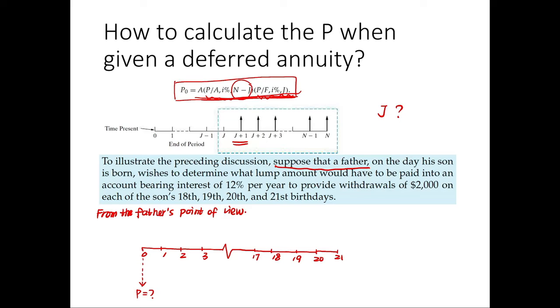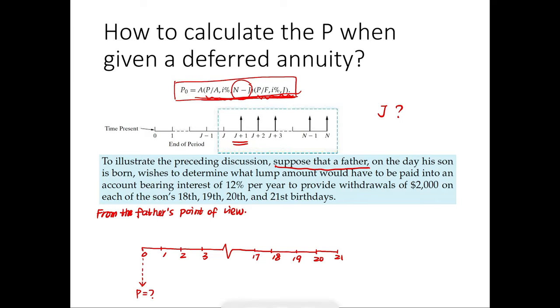And starting from the 18th birthday, his son will receive 2,000, okay, every year after the 18th birthday. So that's a receive. The money you receive is gonna be the money going upward.